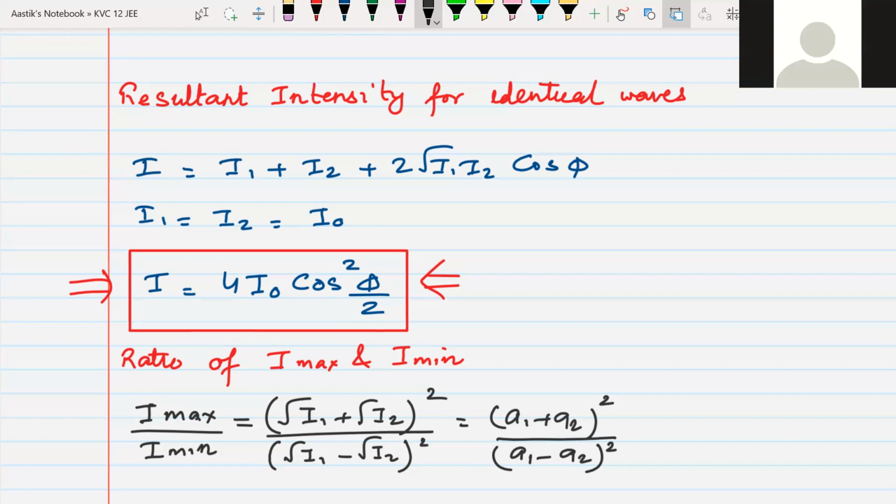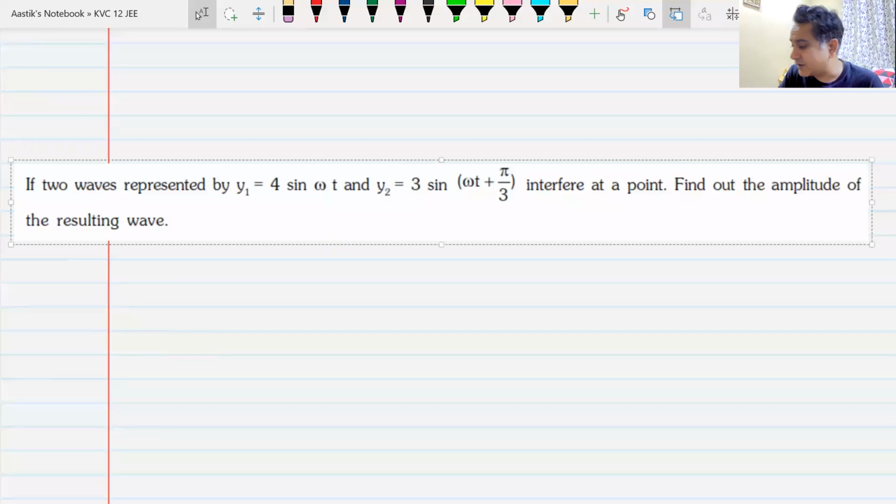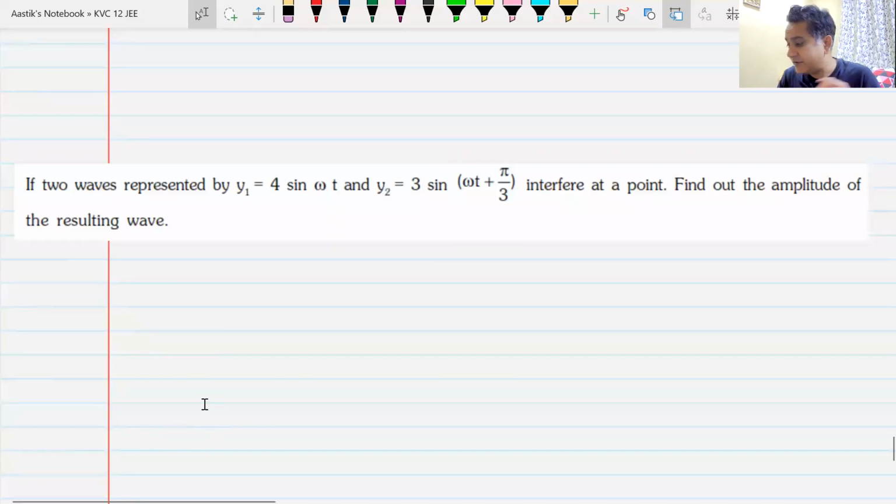So let me give you a problem based on this, and I hope that you should be able to do it. Remember, a problem that is going to come in JEE may not be just Young's double slit experiment. It can be anything related to interference and superposition. So here is the problem, and I hope that you can give me the answer.